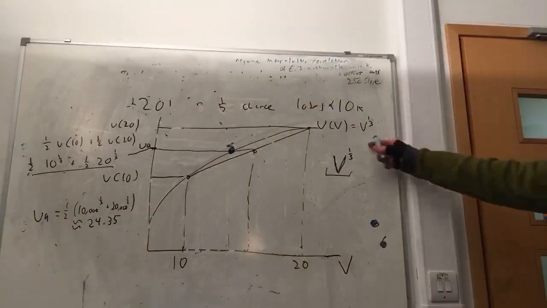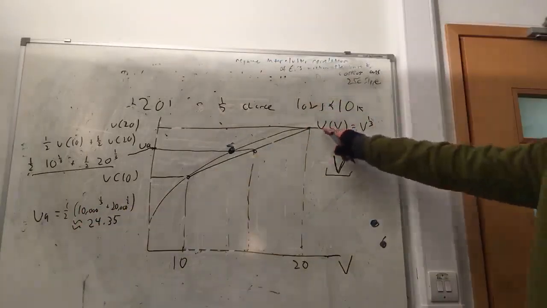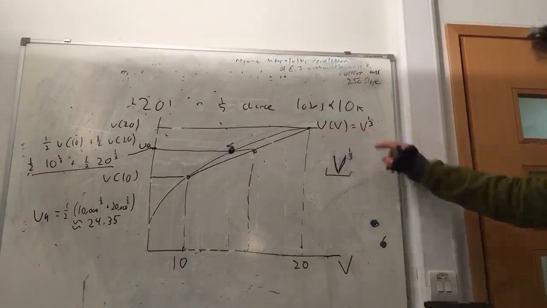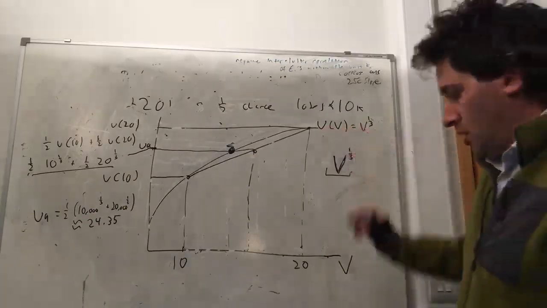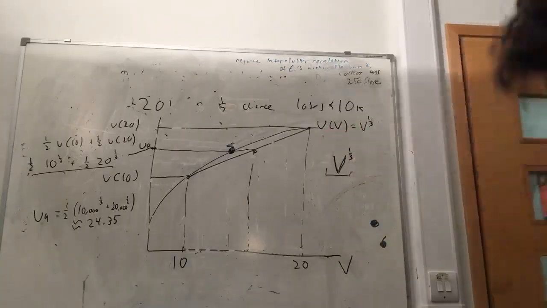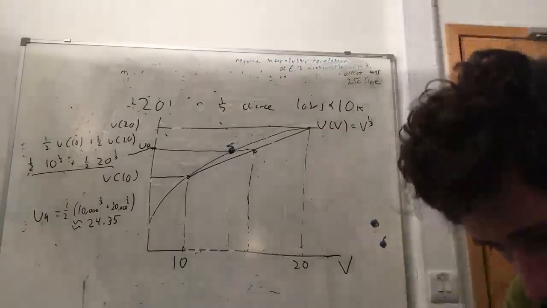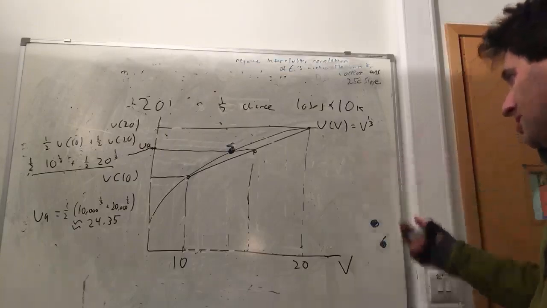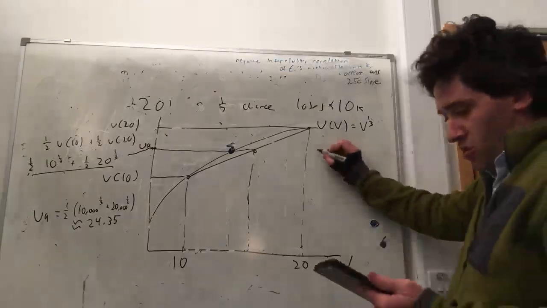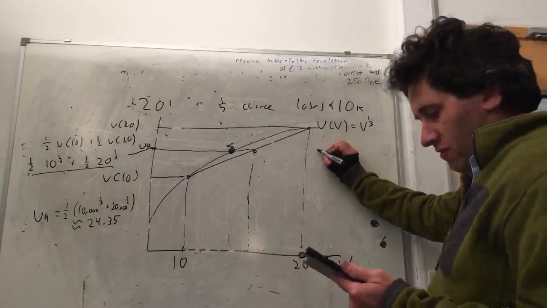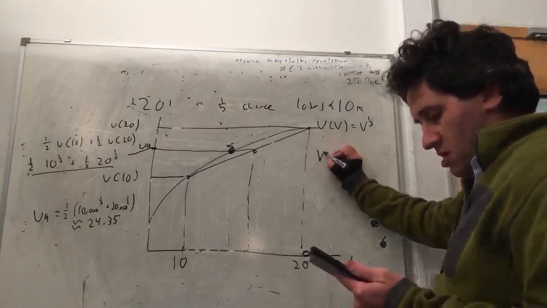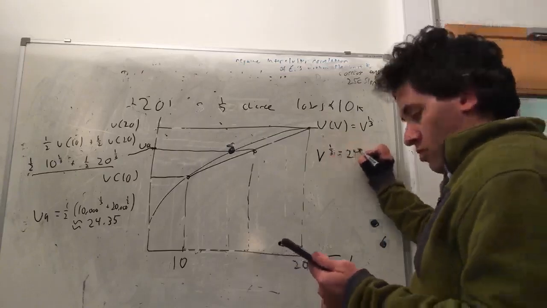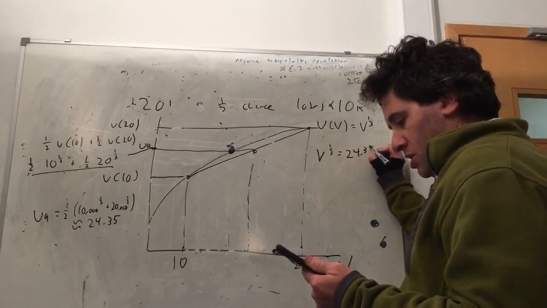In other words, I need to answer the question, what value of V makes this equal to about 24.35? So I can say, I need to solve for V to the 1/3 equal to 24.35.